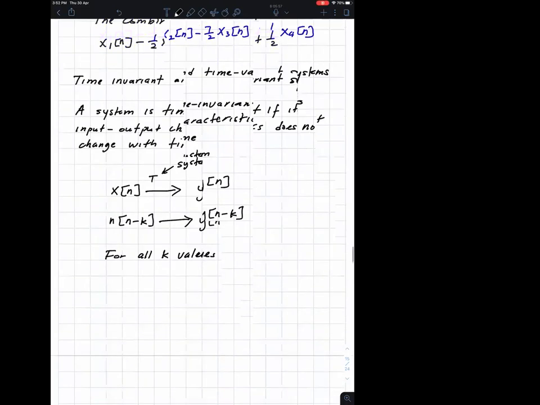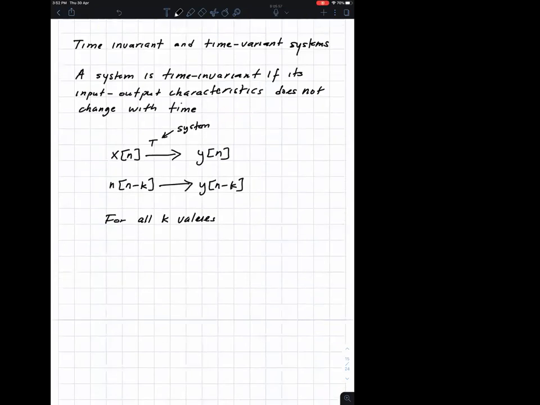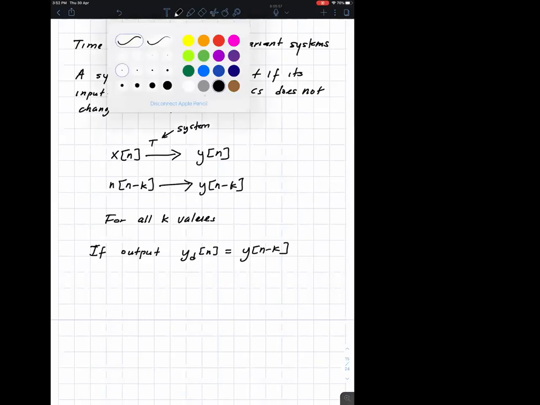if the output yd n is equal to yn minus k. We know from the last time what these two things are, right?